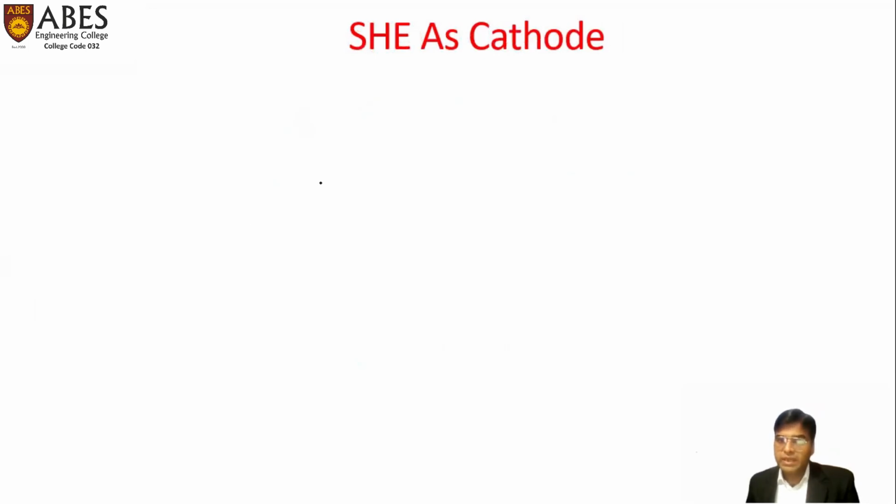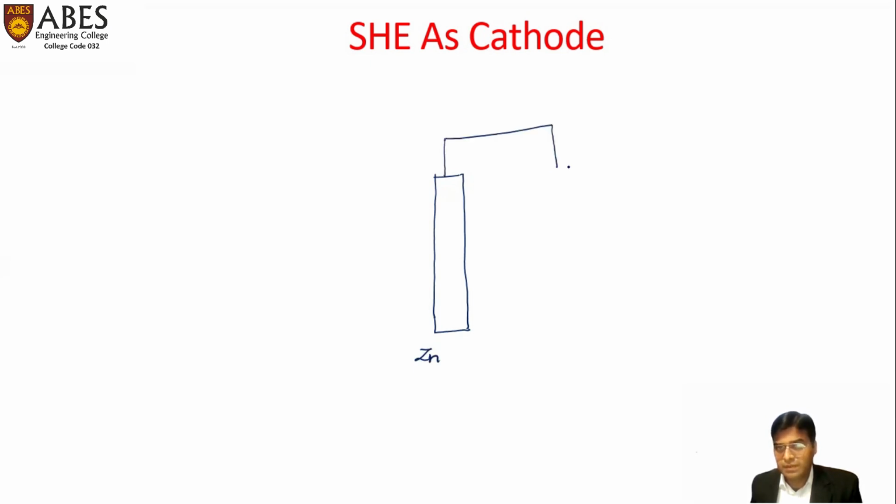When a standard hydrogen electrode works as cathode, the other metal should work as anode. An example can be shown as this: this is the zinc rod. It is connected with the standard hydrogen electrode.